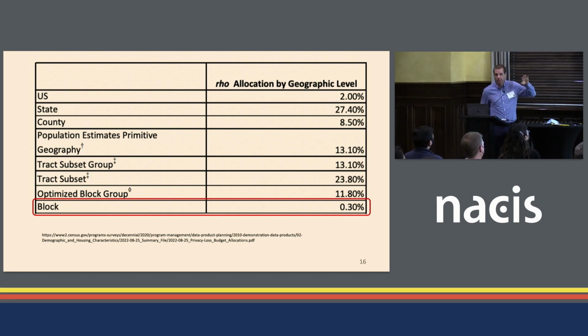And then there's a whole lot of other bits that go into this algorithm, but essentially the Bureau has made the decision that blocks are going to be less accurate and higher geographic levels will be more accurate. So if you're going to use block data in the future for mapping or in your projects, just know that some of those counts that you're going to observe are probably not going to be particularly accurate or useful for doing mapping.